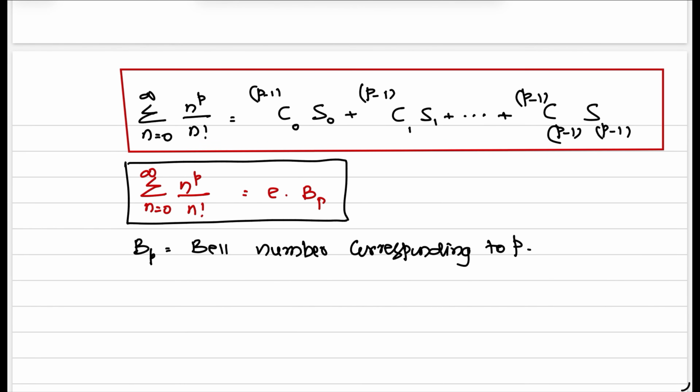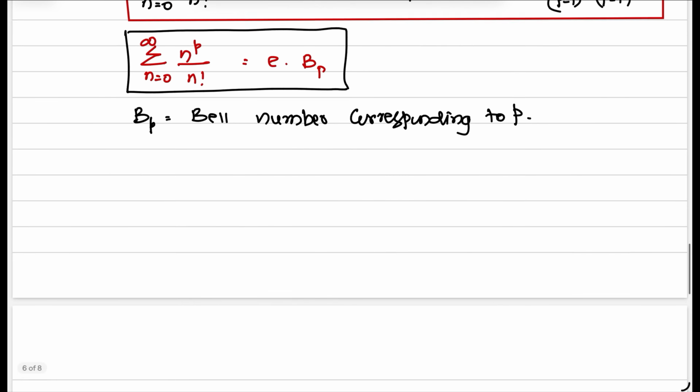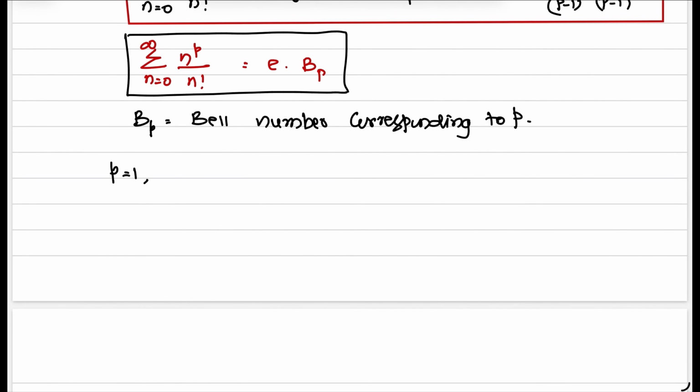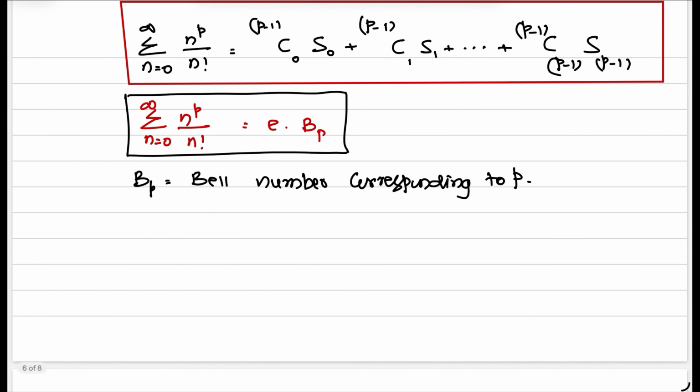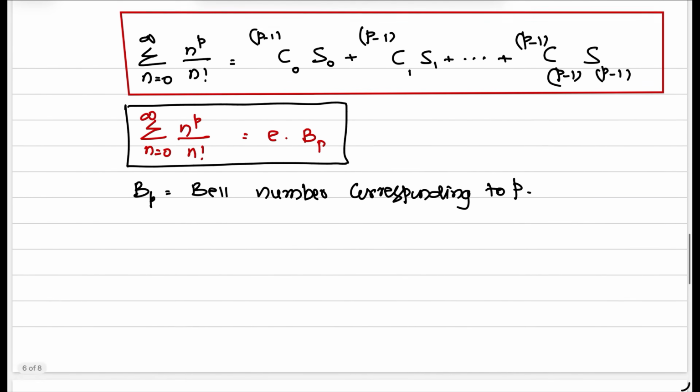Now, what are the Bell numbers for various values? If p is equal to 1, let us say p is equal to 0. We have started our calculation with p is equal to 0. Let us make the table of the Bell numbers from the above discussion. Bell numbers, please remember them.